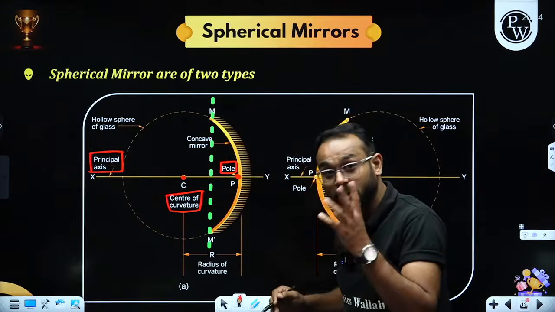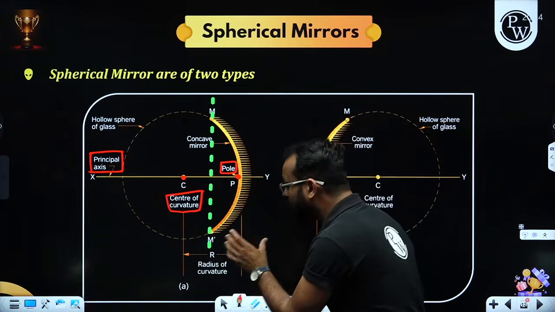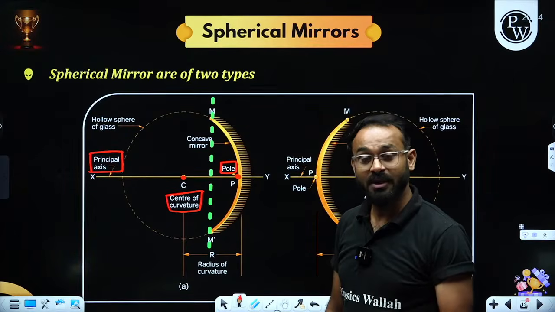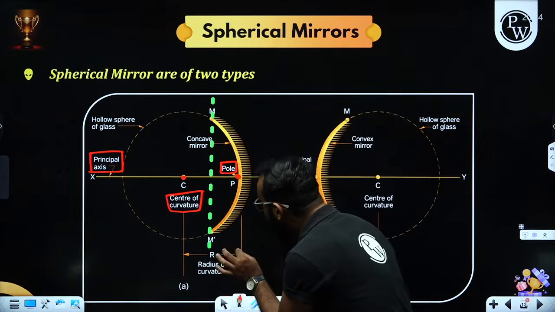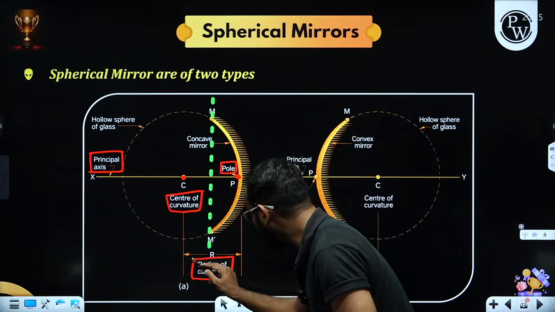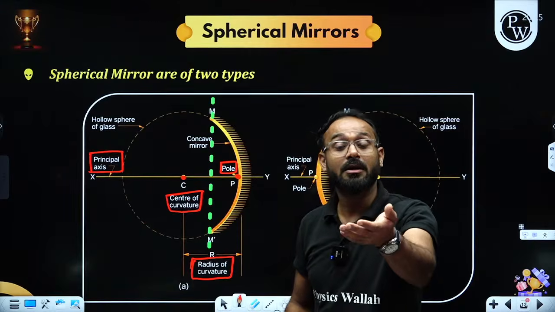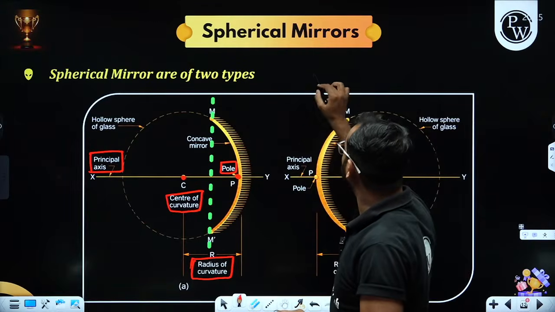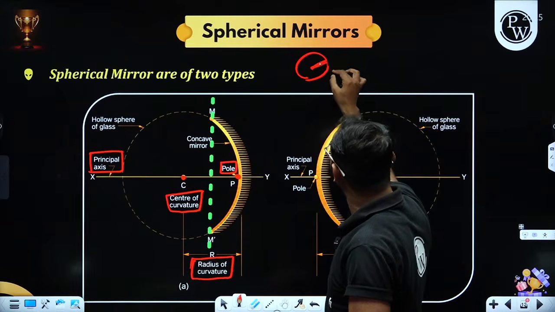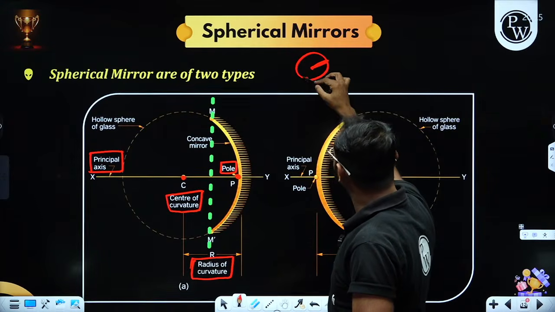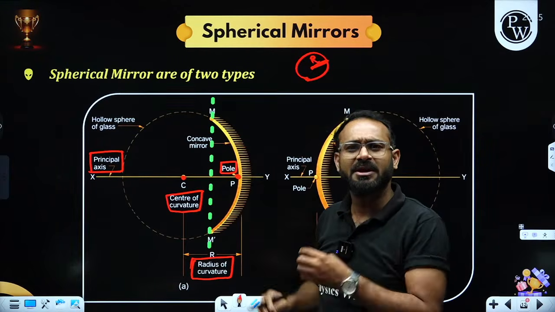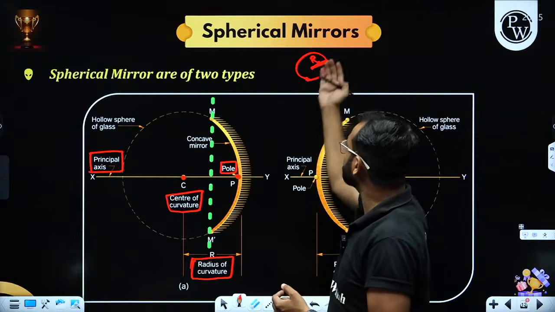Now the fourth point, the distance between the pole and the center of curvature, is called the radius of curvature. If you draw a circle, the distance from the center to the circumference is the radius. In a spherical mirror, it is known as the radius of curvature.